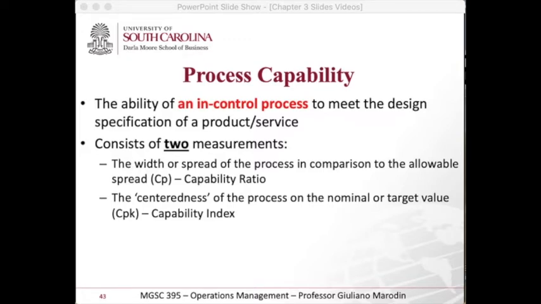Now, when we talk about process capability, we're talking about customer specification. So it's different, okay? It's a different concept. We want to know if we can meet specification, and that's the key word, because now we're going to have the dimensions that the customer asks us to have, to compare.